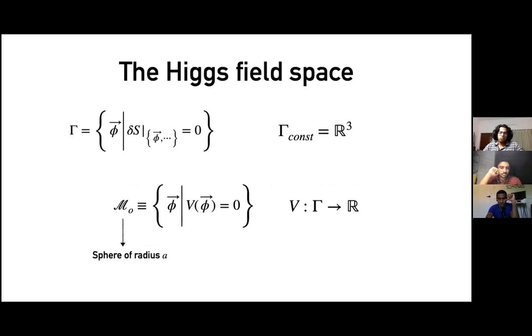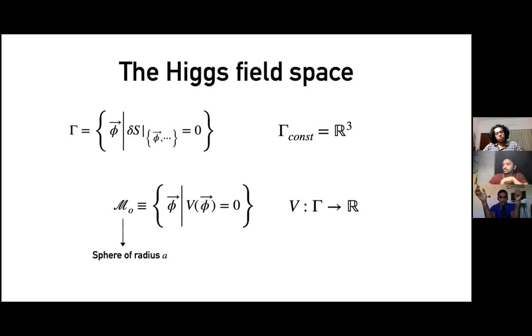So you have some space of Higgs fields, gamma, which is a big space of fields, all of which solve the equations of motion. That's the biggest space. And now what we want to do is characterize those configurations for which the field is non-zero up to some radius, and beyond that radius it's just 0.